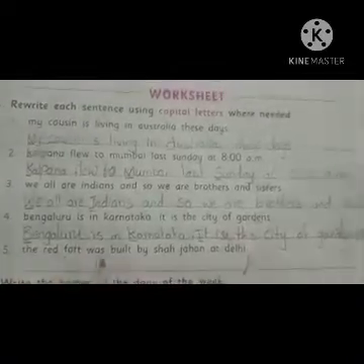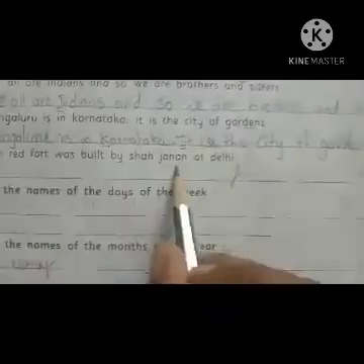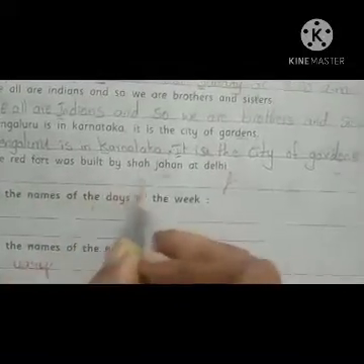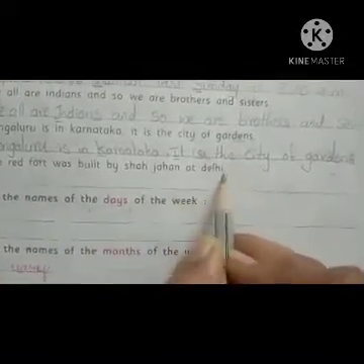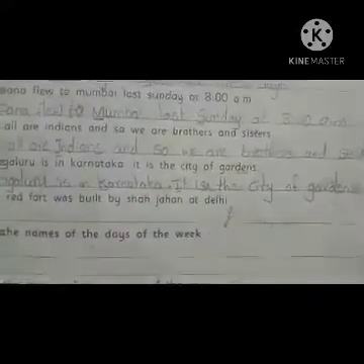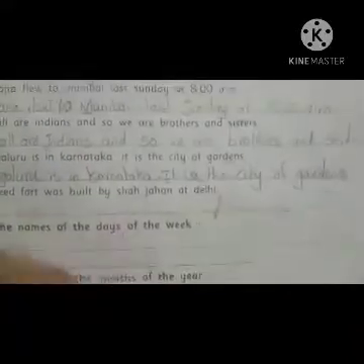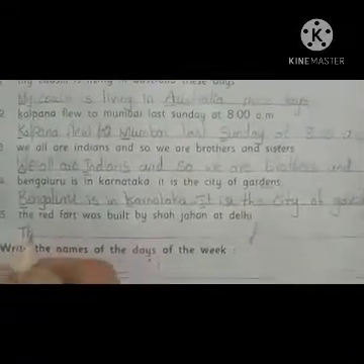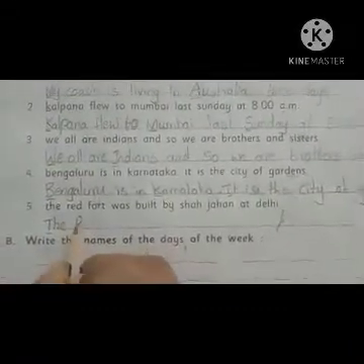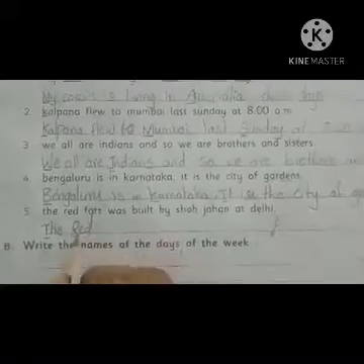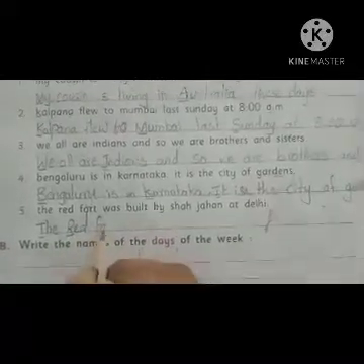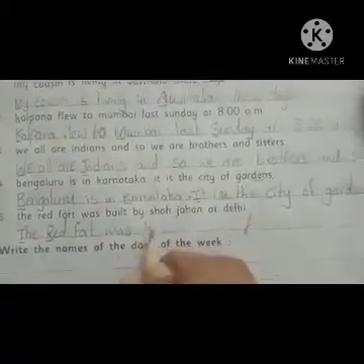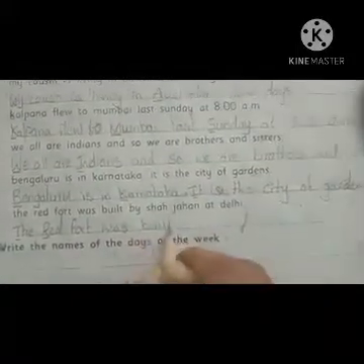The Red Fort was built by Shah Jahan at Delhi. Which letters do we have to write as capital? First we have to write T as a capital letter, T. H is a capital letter, R, E, D. Red, F-O-R-T. Red Fort was built, B-U-I-L-T.